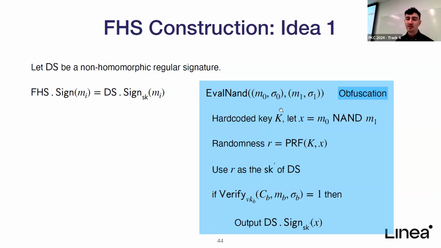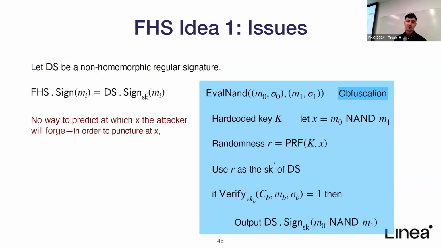So for example, if you have your message and two signatures, you could compute the evaluated message and compute the randomness, and then let's say we want to use this randomness as the secret key for this digital signature scheme. And then you can add in the circuits so that I only output the signature with this actual randomness if the inputs are valid.